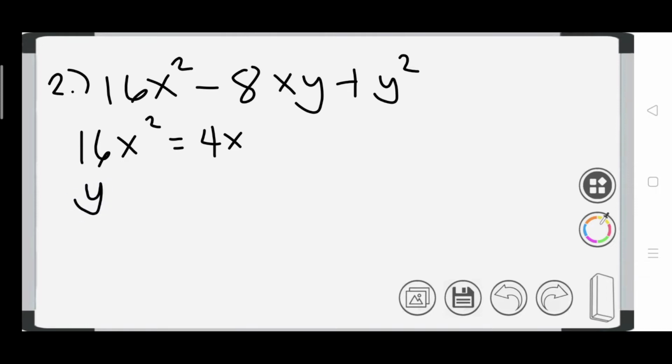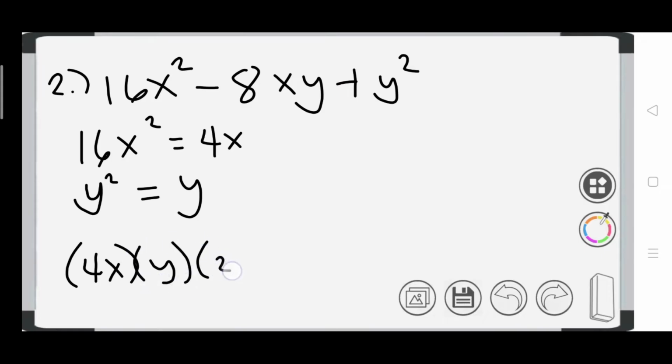And then, yung last term natin ay perfect square din. Ang square root niya ay y. Ngayon, i-verify natin yan using the middle term. So, meron tayong 4x. I-times natin sa y times 2. Ang makukuha natin dyan ay 8xy. Okay na, pwede na nating isulat ang sagot.